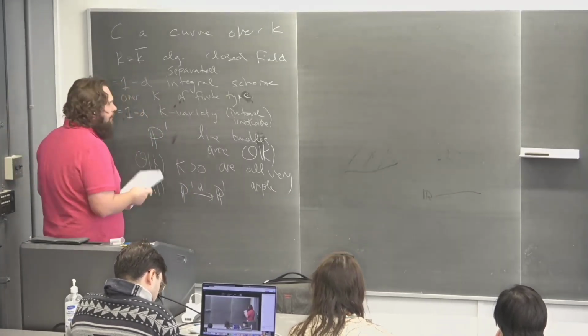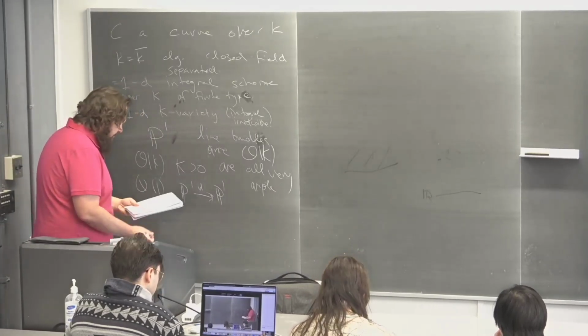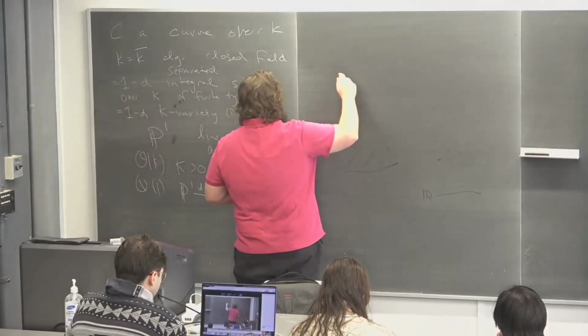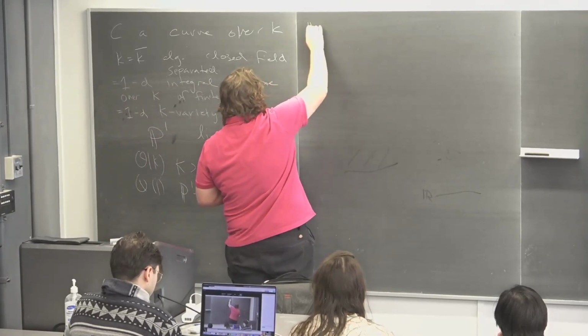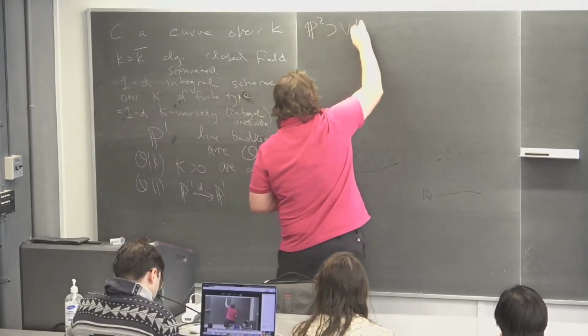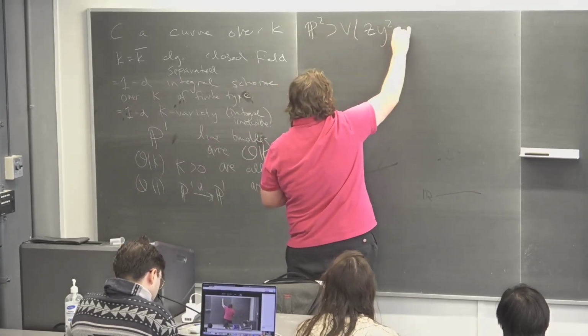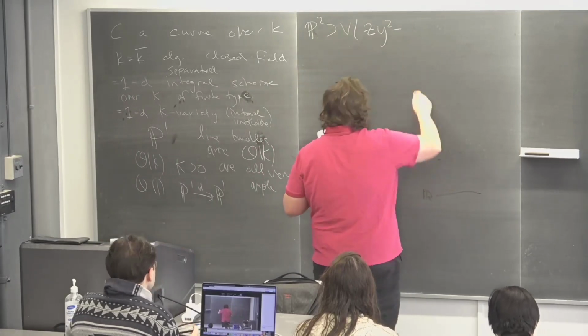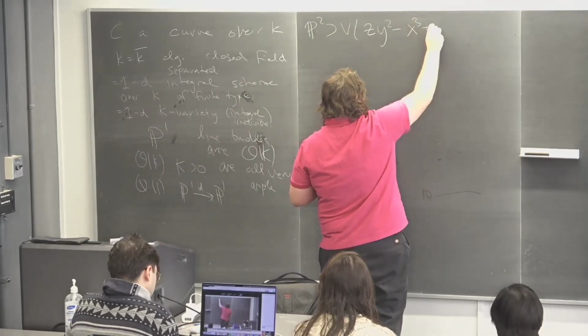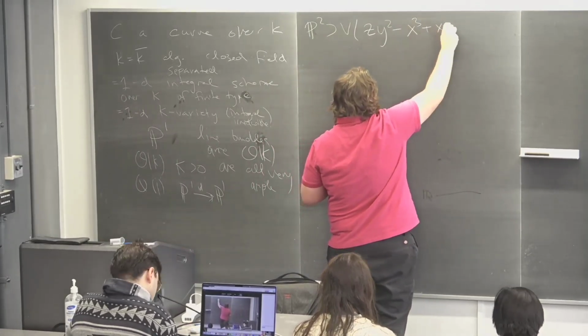Okay. So now let's think about a slightly more interesting curve. And what I want to think about is, look inside P2 at the vanishing set of y squared z minus x cubed plus x z squared. I believe this is exactly the guy we used on our homework, but it doesn't matter that much.